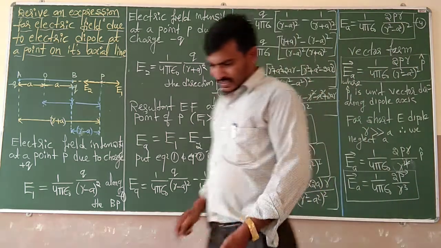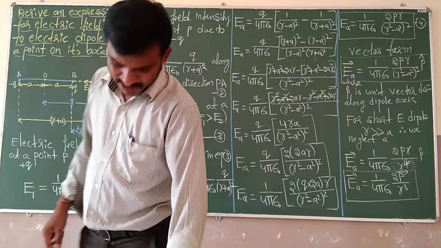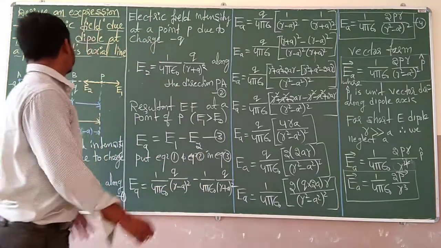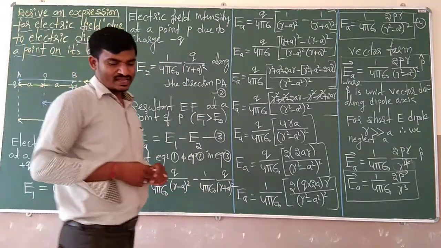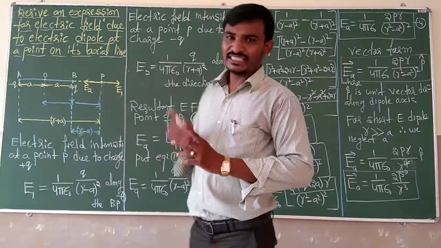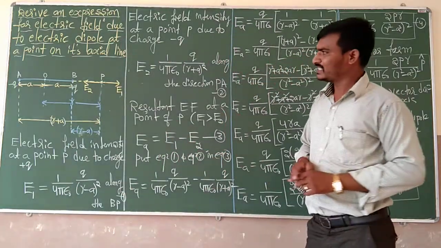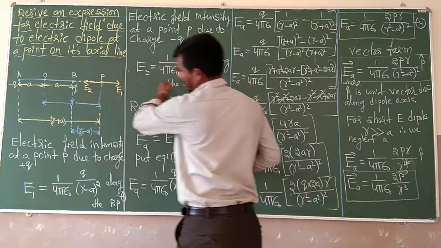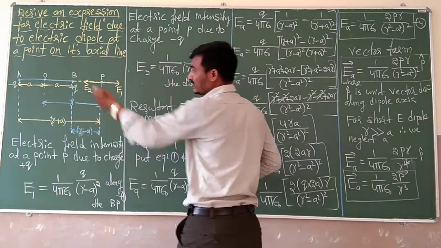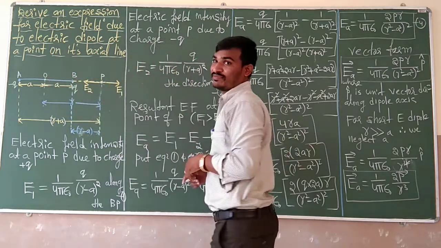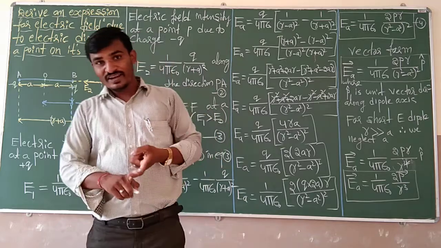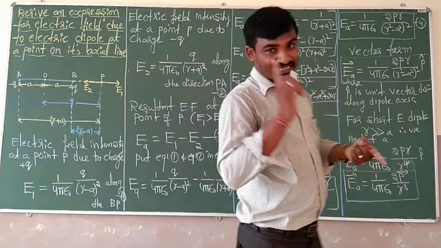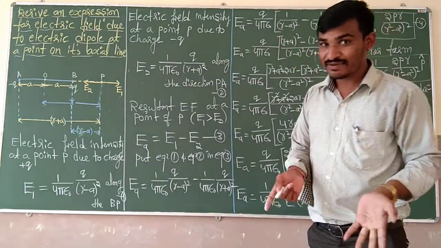See here, dear students, here we have to discuss some special cases for this. See here, resultant electric field direction like this. Dipole axis direction, same direction. Electric dipole axis as well as resultant electric field, both are in the same direction.